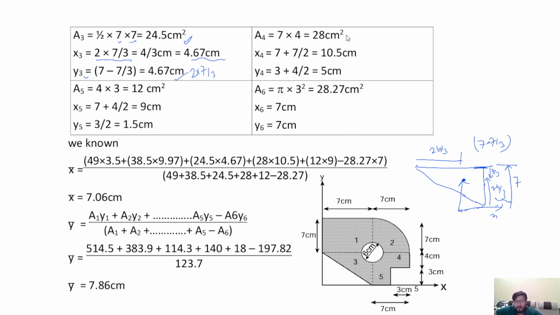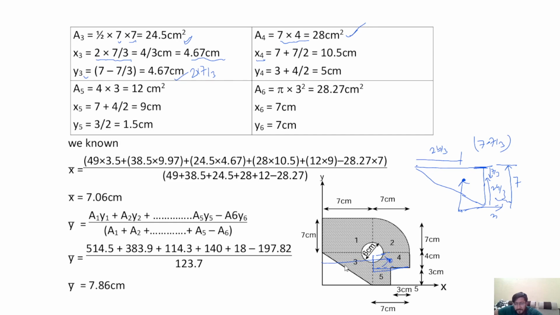And number 4, the area of the rectangle, figure 4, means base and height. That's why 7 into 4 is 28, and x4 is the centroidal distance from the reference y-axis. x4 is the distance of this centroid from the reference y-axis.